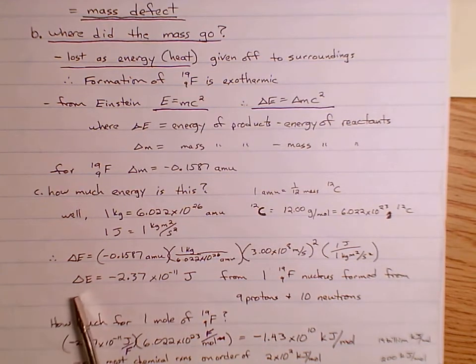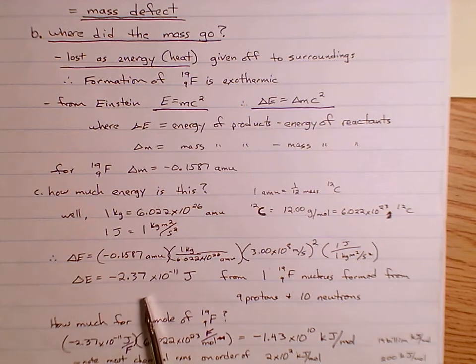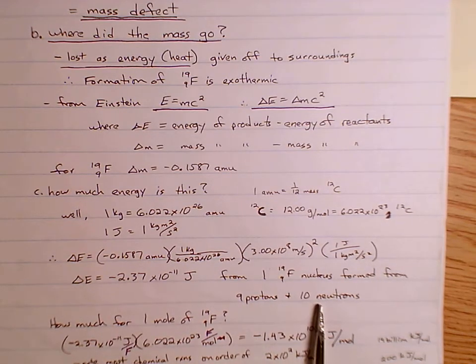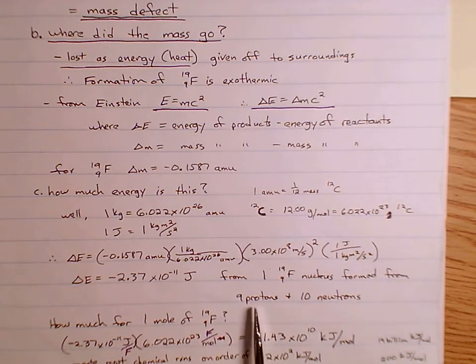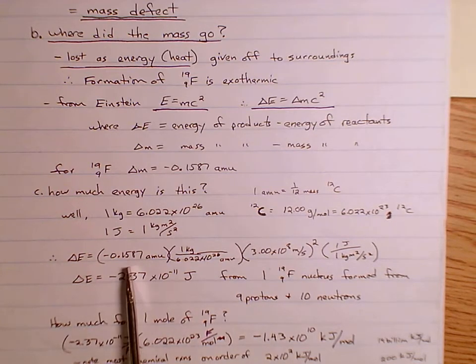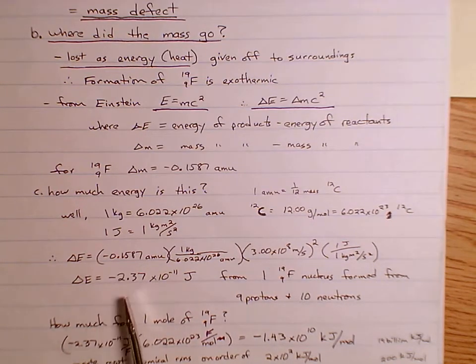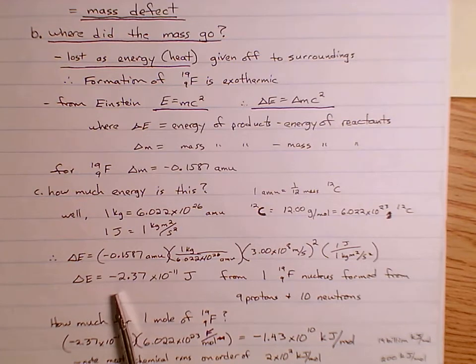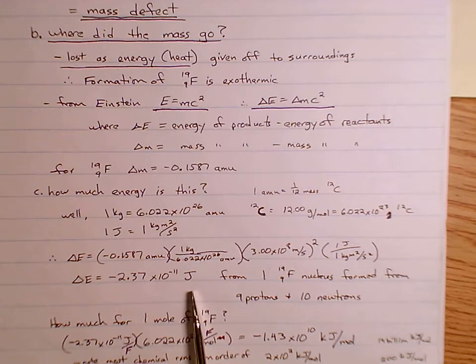We come up with the change in energy when a fluorine-19 nucleus is formed from 9 protons and 10 neutrons. The mass of that nucleus is lighter than the 9 protons and 10 neutrons. That defect in mass means when a fluorine-19 nucleus is formed, that process gives off 2.37 times 10 to the minus 11th joules for every nucleus.